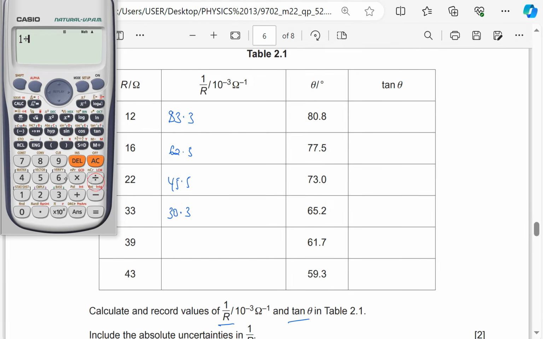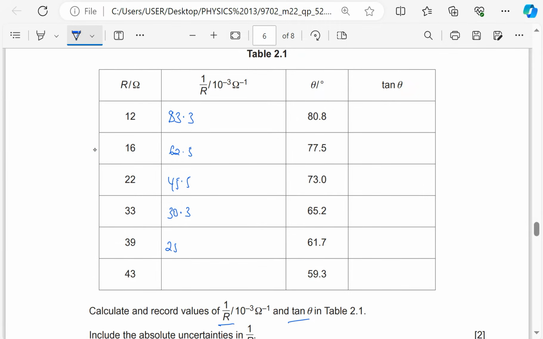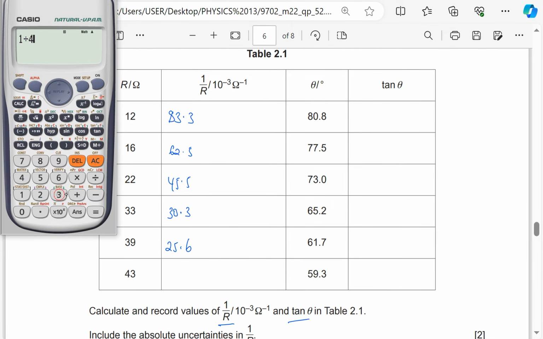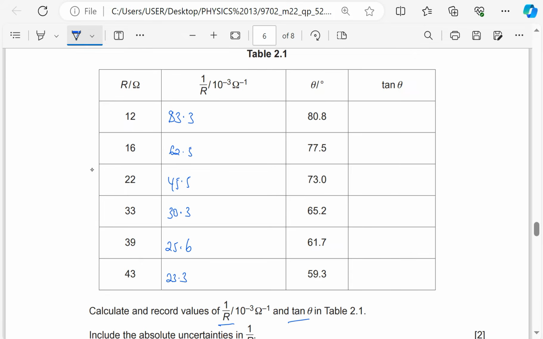Then I have 1 divided by 39, which is 0.0256, so it becomes 25.6 times 10 to the power of minus 3. 1 divided by 43 is 23.3. Make sure you use a calculator that is easy for you to use, so that you don't make any mistakes.